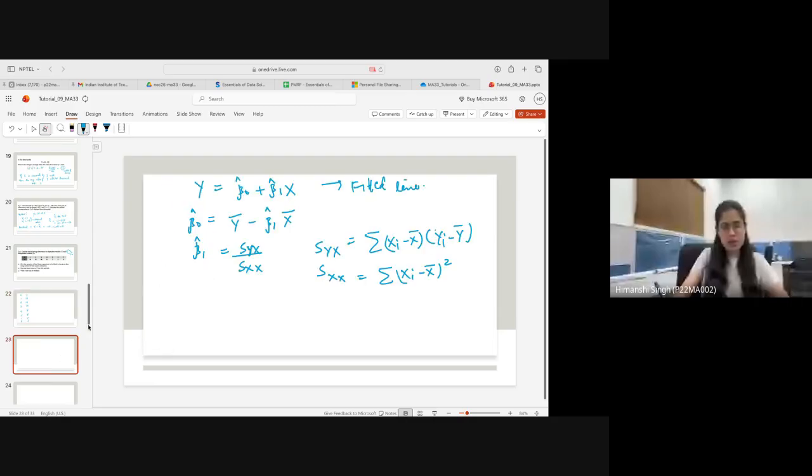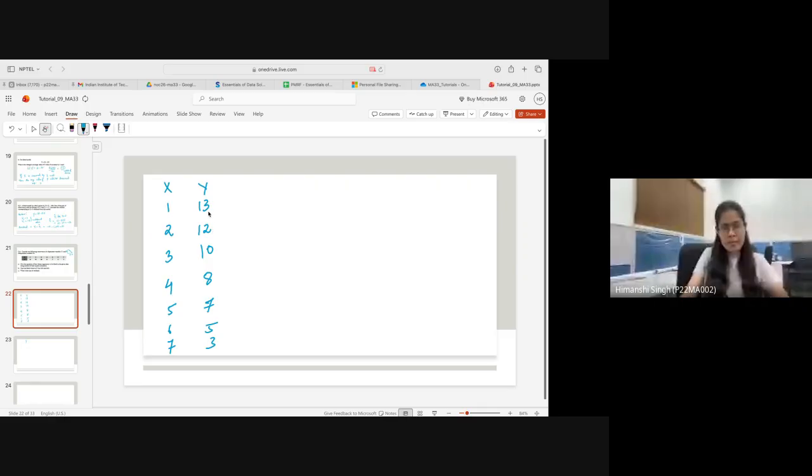So the sum is 28, and that is 28 divided by 7. And y bar is the sum of the y values divided by 7. So what will be the sum? Just tell me.